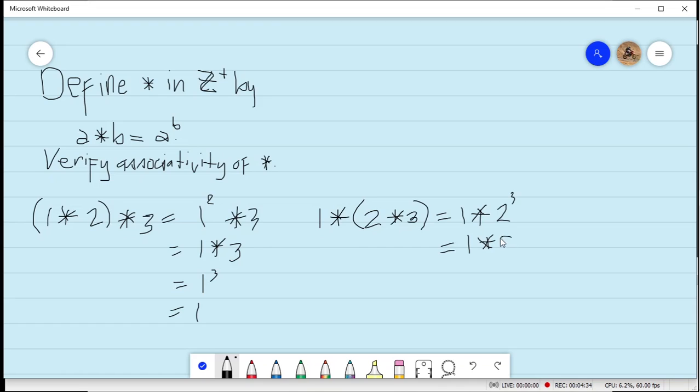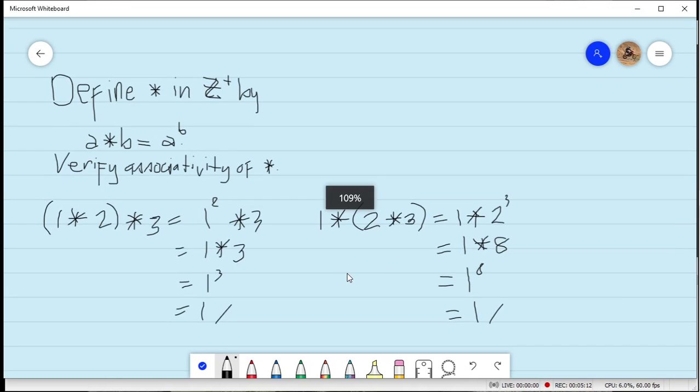So 1 operation 8. And again, by the definition of the operation, this can be written as 1 to the 8th. But 1 to the 8th is just equal to 1. So we see that both expressions lead to the answer 1, meaning the quantity 1 operation 2 operated to 3 is equal to 1 operation the quantity 2 operation 3.